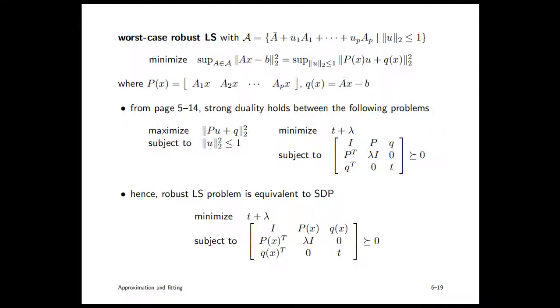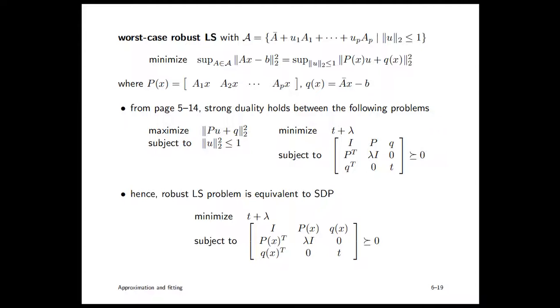When the set A is a singleton, the robust approximation problem reduces to the basic norm approximation problem. The robust approximation problem arises in many contexts and applications.